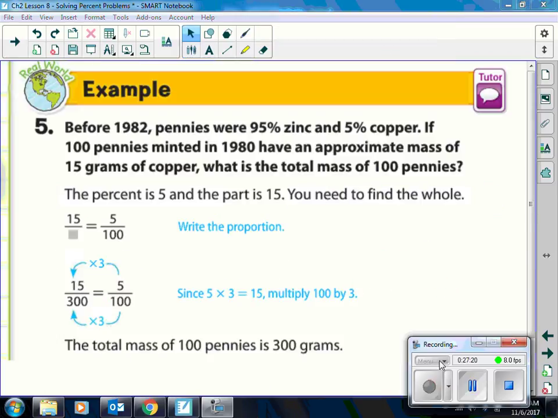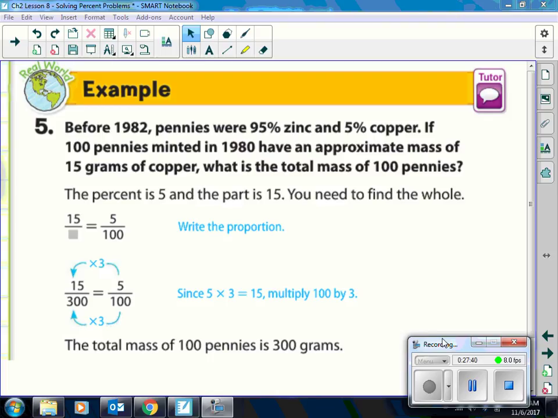So for example 5, it says before 1982, pennies were 95% zinc and 5% copper. If 100 pennies minted in 1980 have an approximate mass of 15 grams of copper, what is the total mass of the 100 pennies?